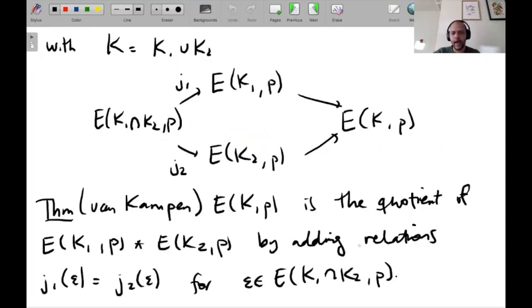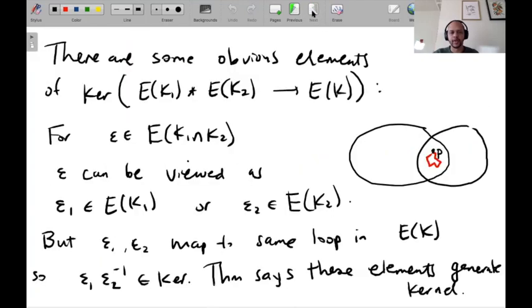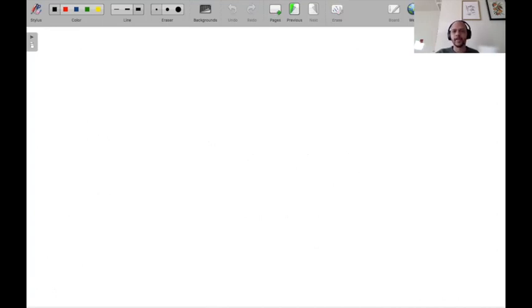So you add these relations: epsilon 1 is equal to epsilon 2, or epsilon 1 epsilon 2 inverse is the identity. Okay, so that's all I want to say about the edge group theorem for now. No, about Van Kampen, I'm sorry.